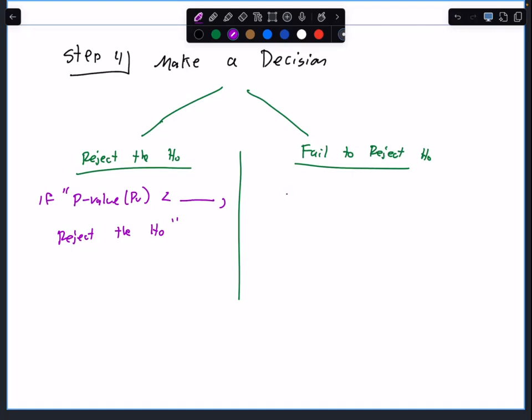And the other one, if PV is greater than blank, then we fail to reject the null hypothesis.